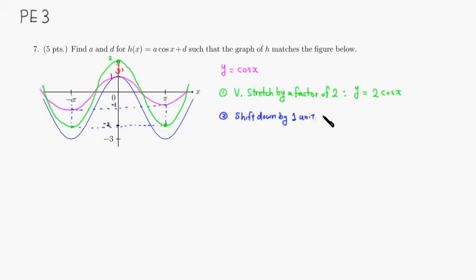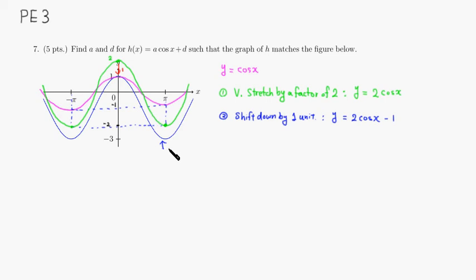In order to do that, the formula should be, you can simply subtract 1. So you can see that once you shift this green graph down by 1 notch, it's going to fit exactly the blue graph, right?